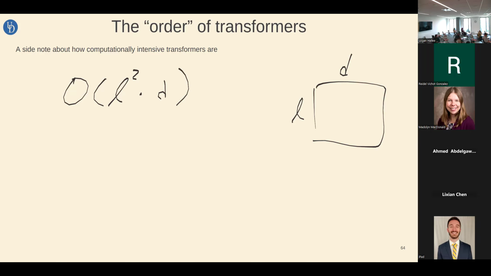But L can be the issue with large inputs, and so there are other types of more linear operations, like linear attention or subquadratic attention. There's one application where you can actually do a fancy Fourier transform, and that's O(n log n) or something.